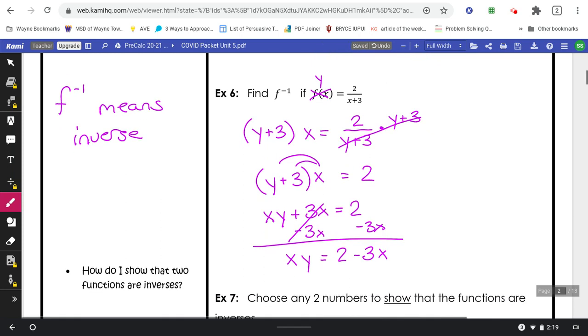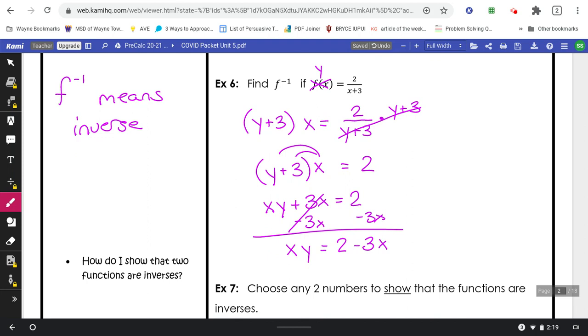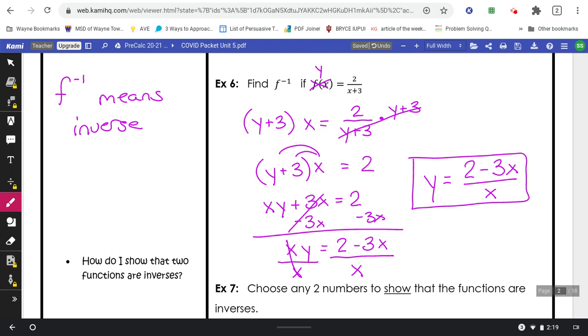Then we're very close to having y by itself. I just need to get rid of this x in front that's being multiplied. I'll get rid of that by dividing by x. I'll just go ahead and divide that whole thing by x. And there we go. That's my inverse. You might also see it written using the f to the negative 1 equals. That's the same thing, just a slightly different notation.